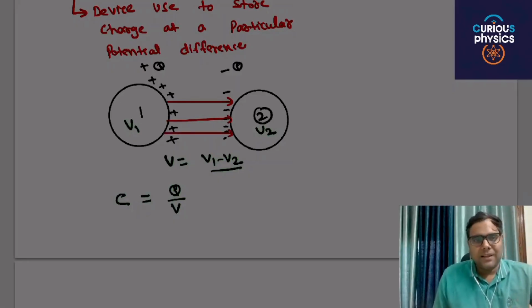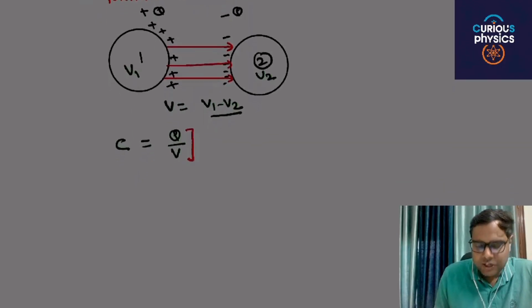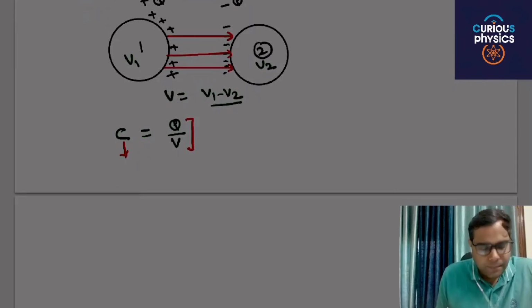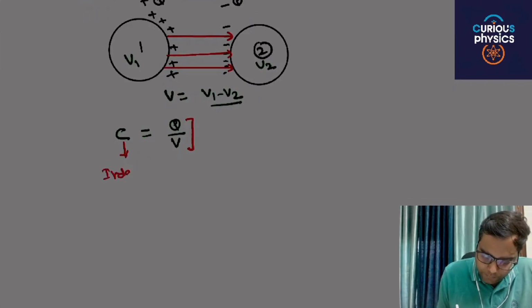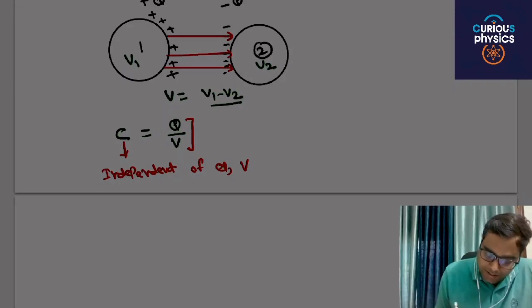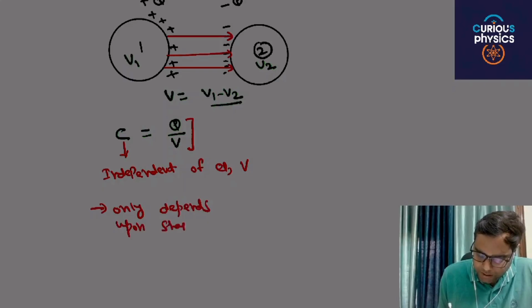So the basic capacitance is Q by V. Yes, capacitance is the ratio of Q by V, but remember my point, my dear students: this capacitance is independent of Q and V, meaning independent of charge and potential. This C only depends upon the shape and nature of the material.